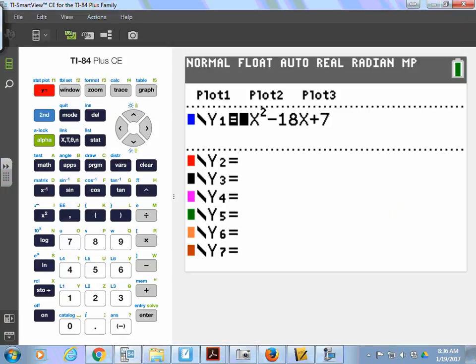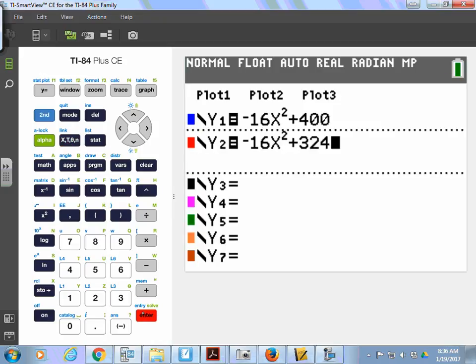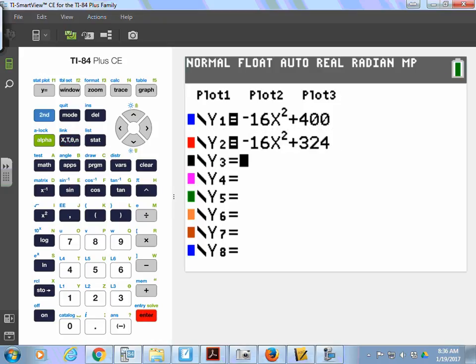Y equals. And we know that the one at 324 is going to reach the ground sooner. To be able to see the whole graph, we have to have an appropriate window.